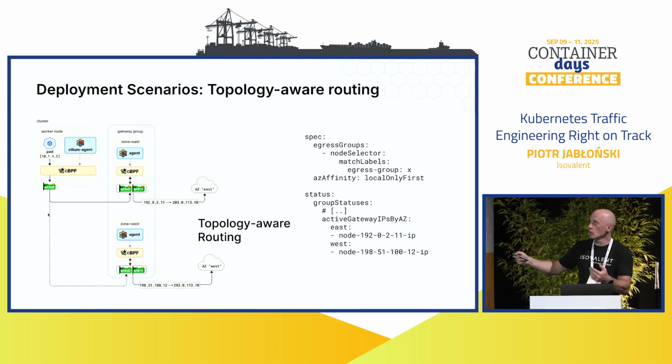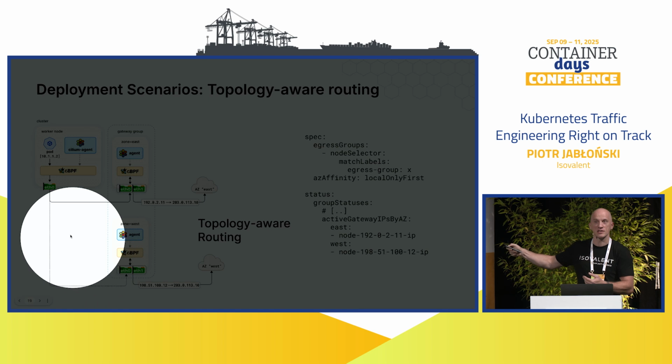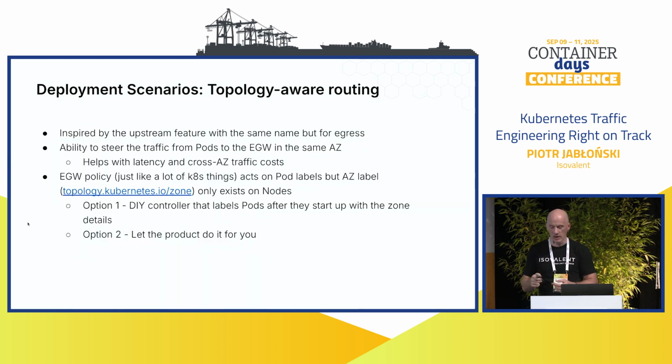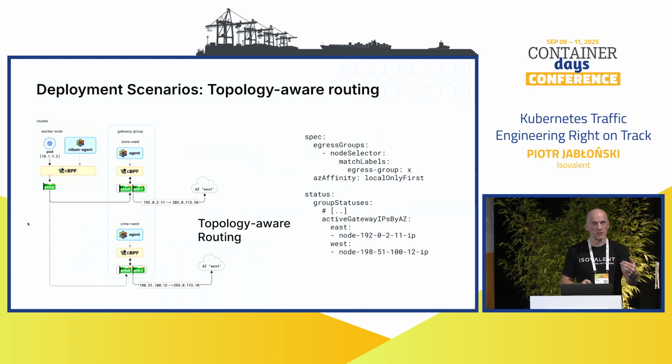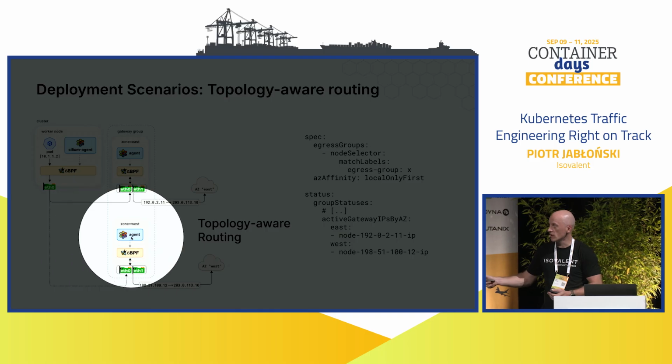Then you would like to avoid cross availability zone charges for the traffic which is leaving availability zone east and is going through the availability zone west, through the gateway which is living here.